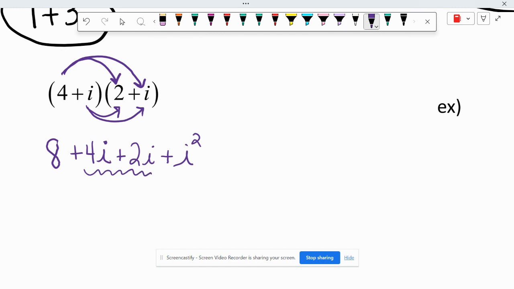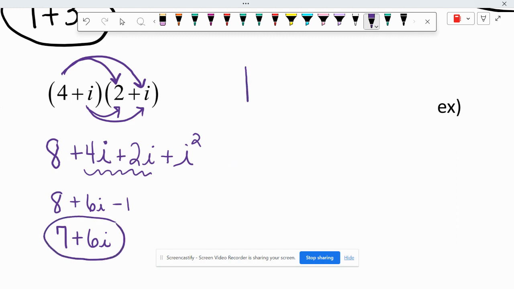What is 4i plus 2i? It's plus 6i. It's like 4x plus 6x. And what is i squared? It's negative 1. So I really have 8 plus 6i minus 1. What is 8 minus 1? 7 plus 6i.